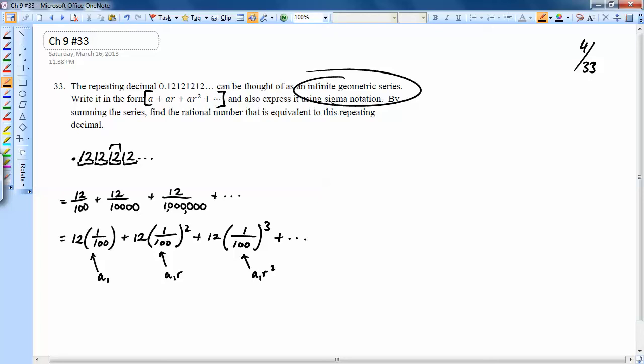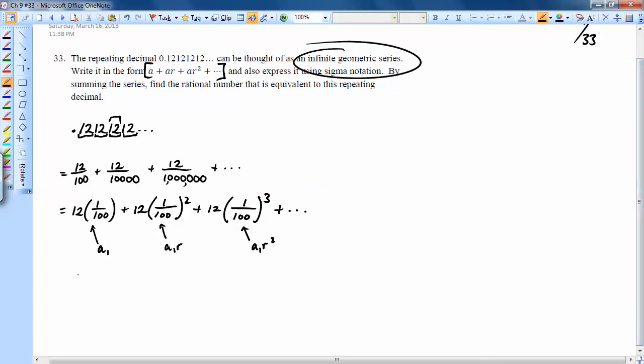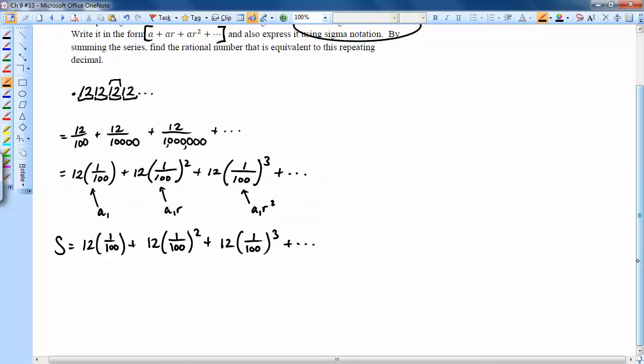So let's see. Now I'm going to use this trick where I rewrite this first. We'll do this the quote unquote long way, even though it's not really that long. It's a simple idea. So the trick is multiply the entire sum by the common ratio.